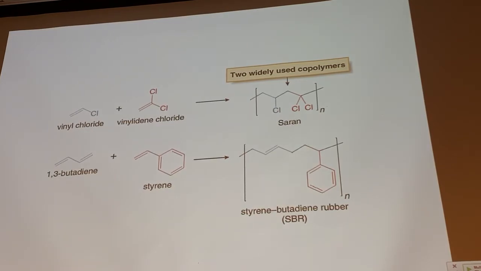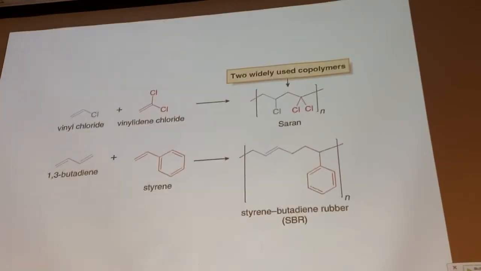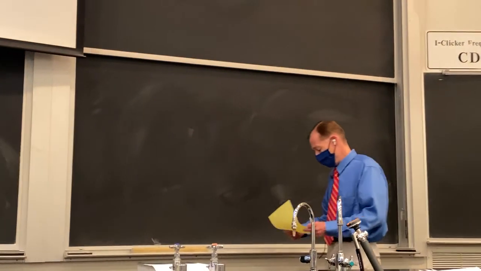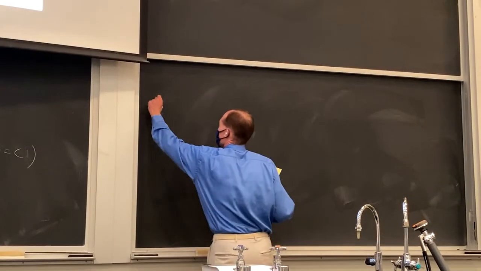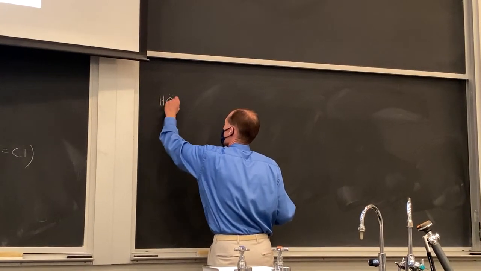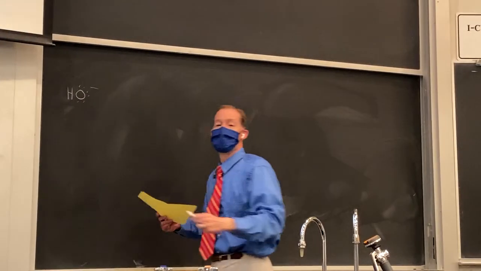Okay, so there's another type of anionic polymerization that we'll talk about, and that involves epoxides as our monomers. So when we're performing anionic polymerization of epoxides, we use hydroxide as our initiator.